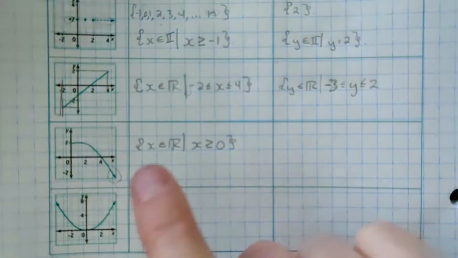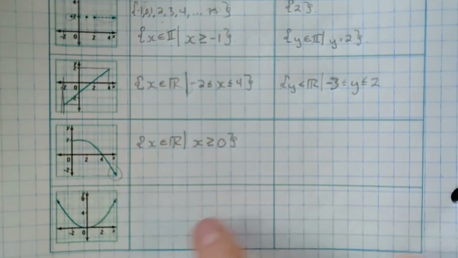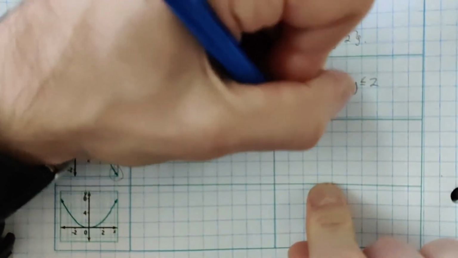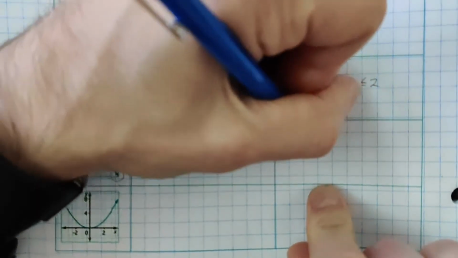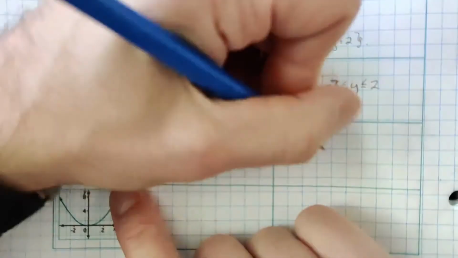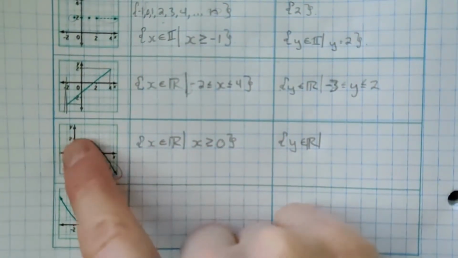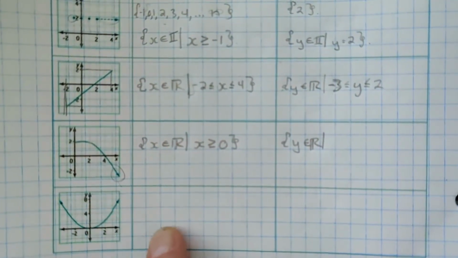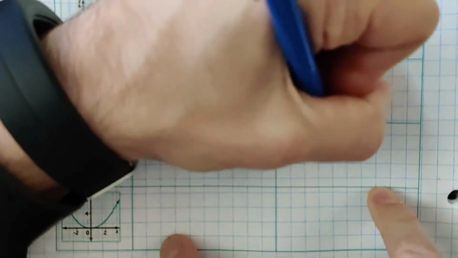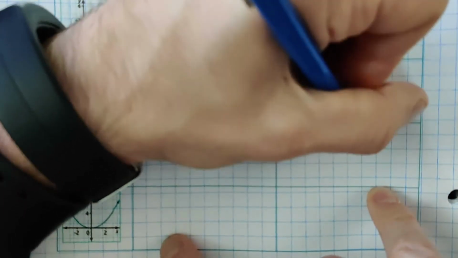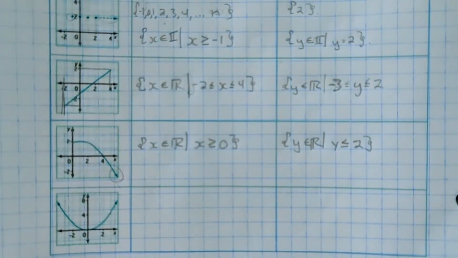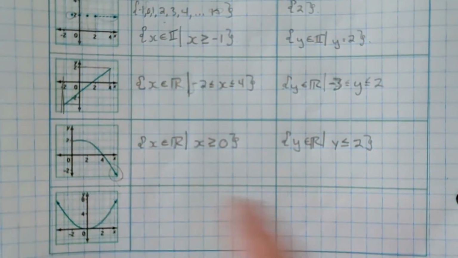The y values, y belongs to the real numbers again. Same idea, such that y starts at 2 and then just keeps going down lower. So y is less than or equal to 2. That's it. That's all.